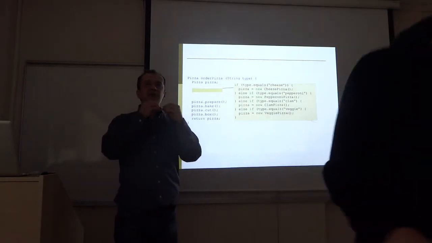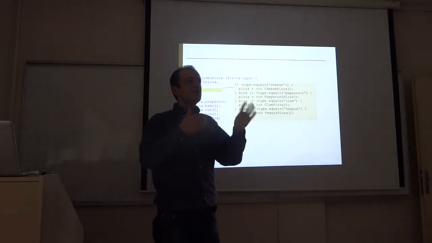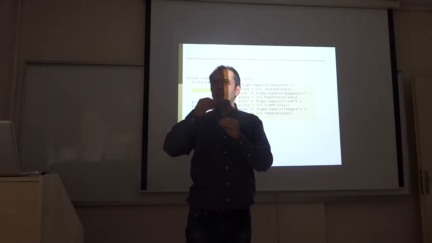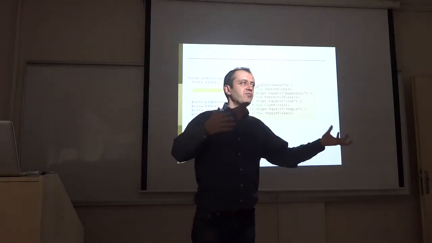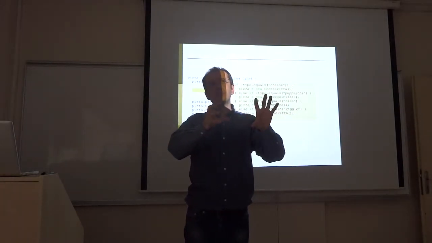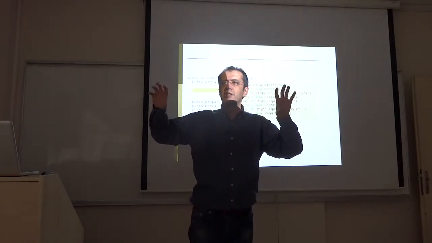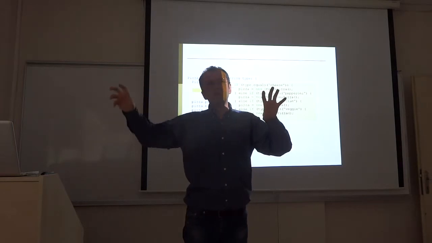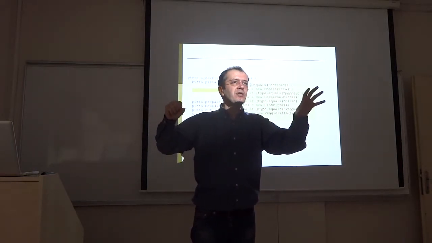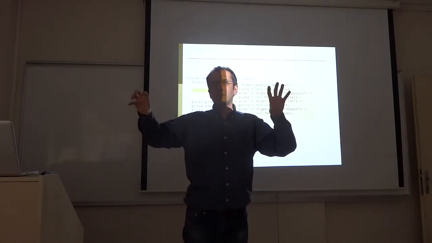That is, let's have another object which is responsible for the creation of another object. Let's have object A, a factory object, that is responsible for creating a pizza object. This is a pizza factory creating a pizza.